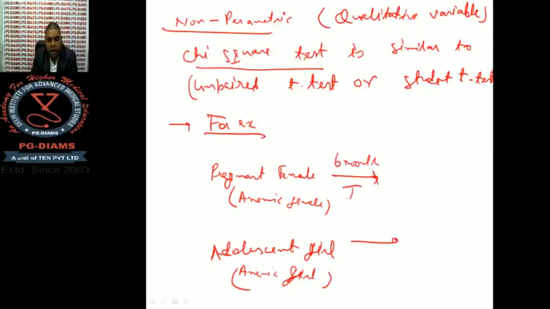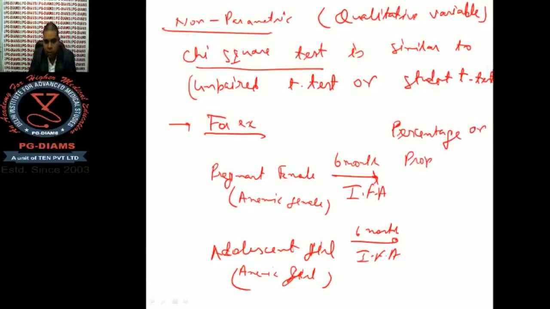Okay, after giving 6 months of IFA you measure percentage or proportion of female which became non-anemic after treatment.